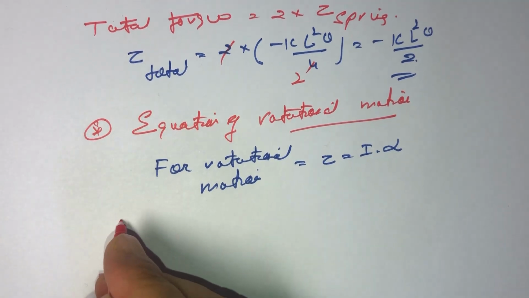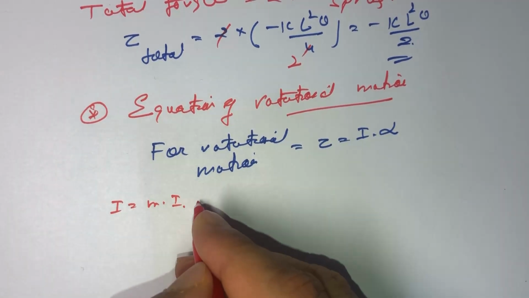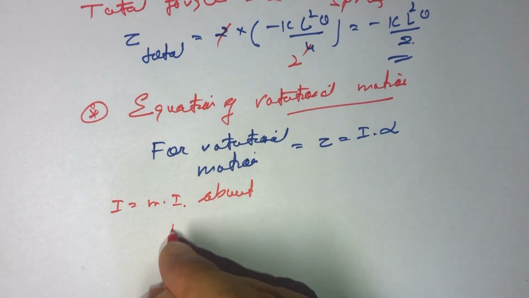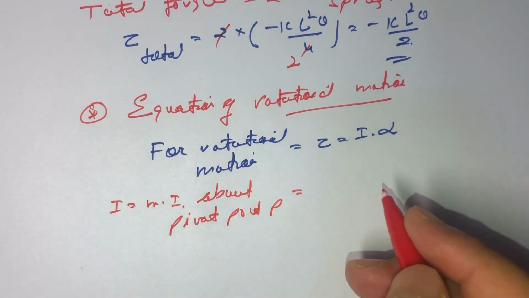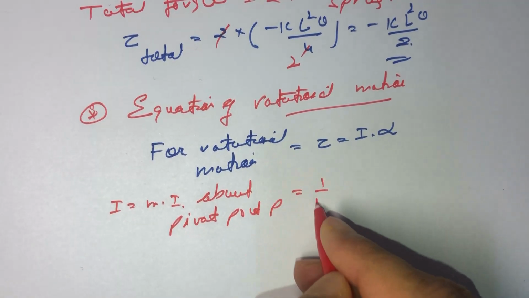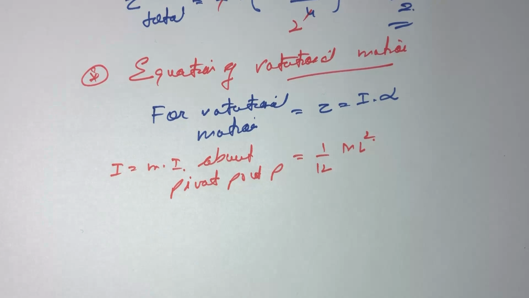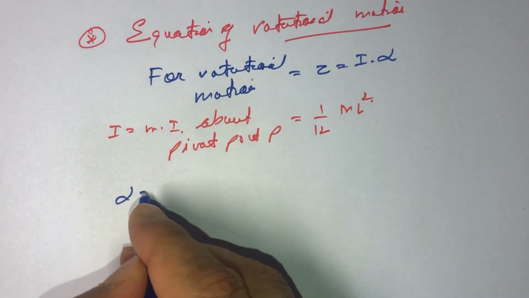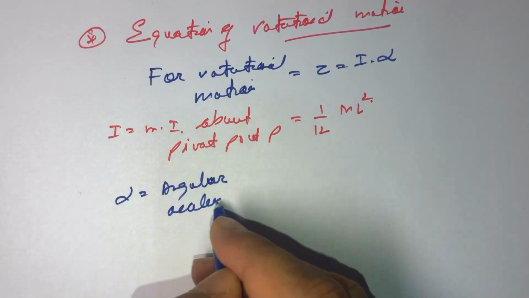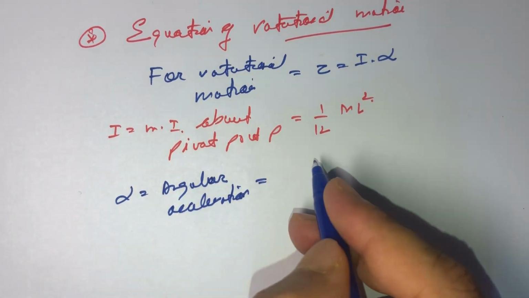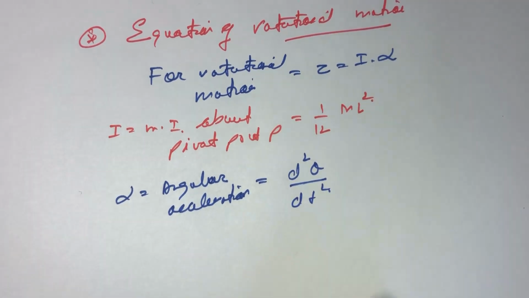We can say I is the moment of inertia about pivot point P, and that will be equal to 1/12 m L square, and alpha is our angular acceleration, which can be written as the second derivative of angle theta with respect to t square.